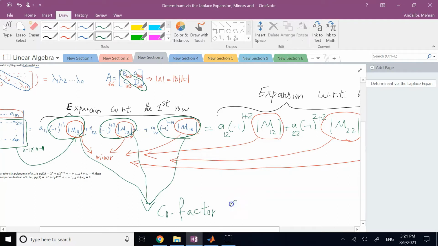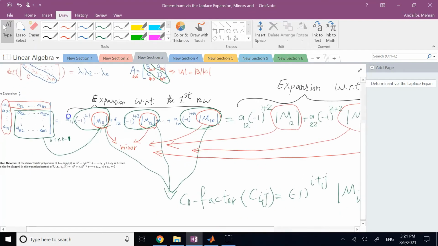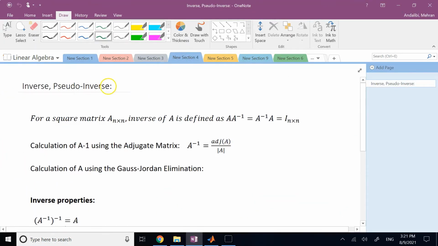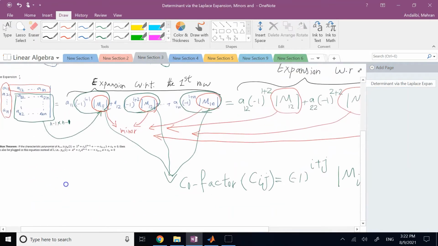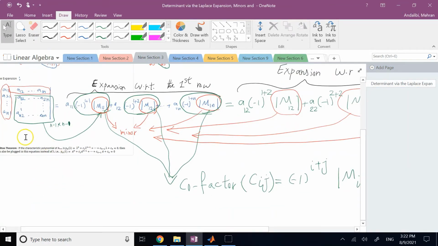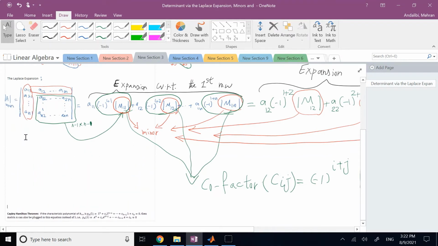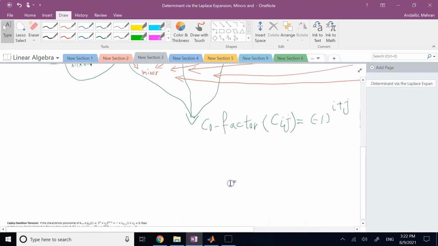Okay, so you might show them with Cij, cofactor ij, which is basically -1 to the i plus j, times determinant of the submatrix Mij. Okay, so this is called cofactor. And we'll see the matrix formed by all these cofactors we call cofactor matrix, and the transpose of that we call the adjugate matrix. But we'll talk about that in the next lecture when we talk about the inverse matrix. Okay, so for now, let's keep that in mind, the meaning of minor, submatrix, and cofactor.